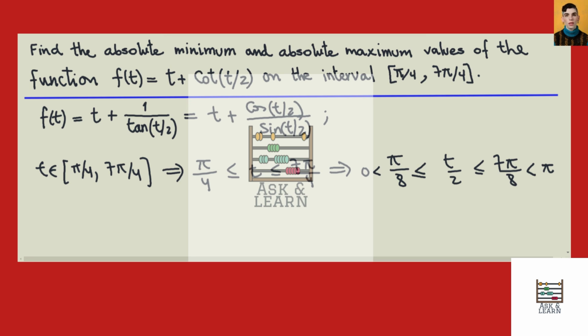So we have this inequality that means that when t is in this interval, as is the case in this problem, the argument of sine of t half in this denominator here is between 0 and pi, but is never equal to 0 and never equal to pi.